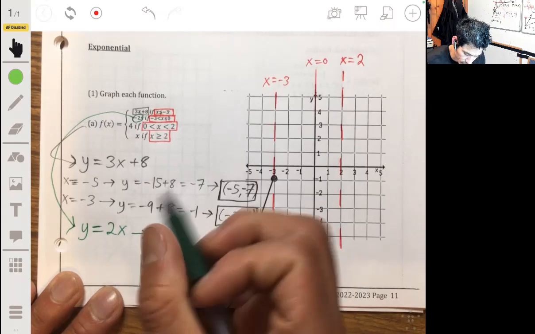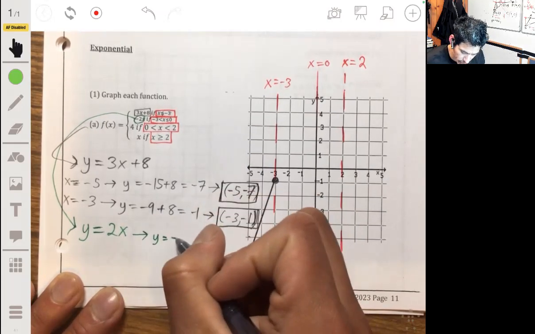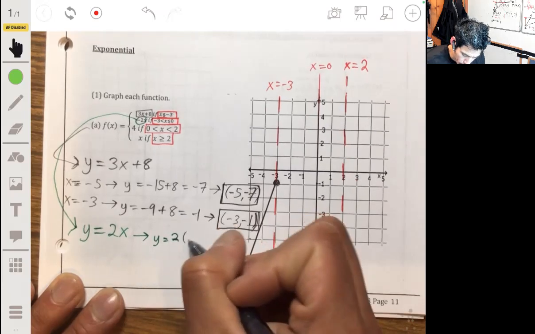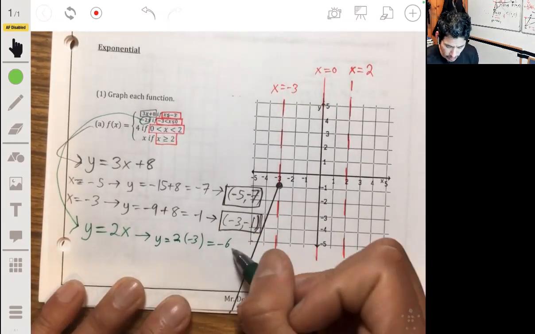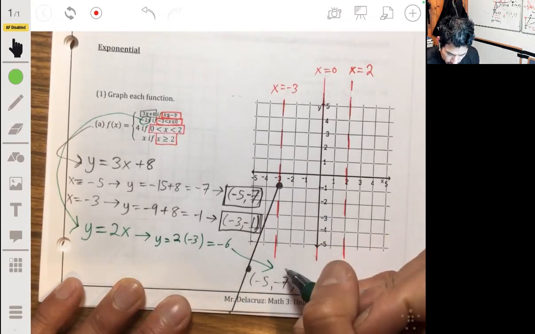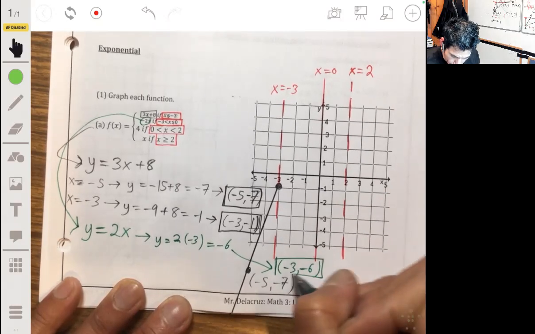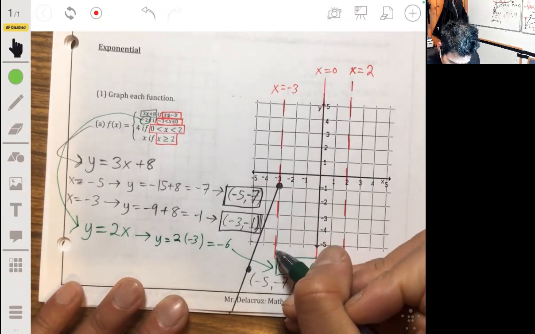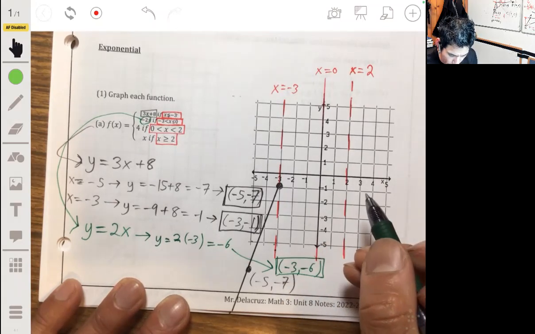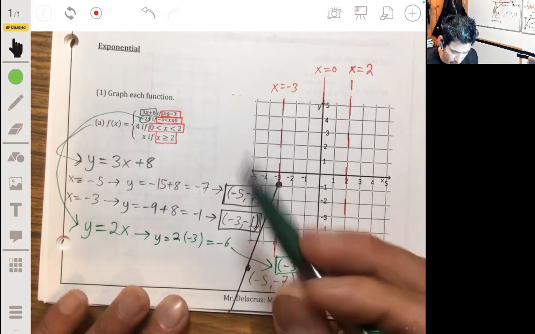So if I plug in -3, we'll get y is 2 times -3. So -6, which means we get -3, -6 on my graph. No, hold on, +6. Wait, did I? No, oh wow, -2x.